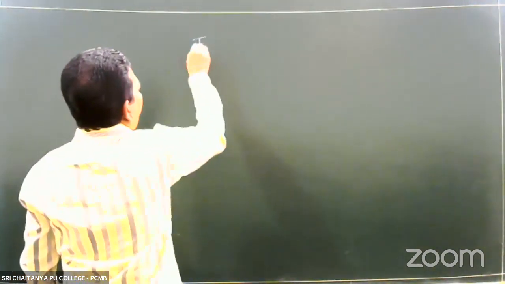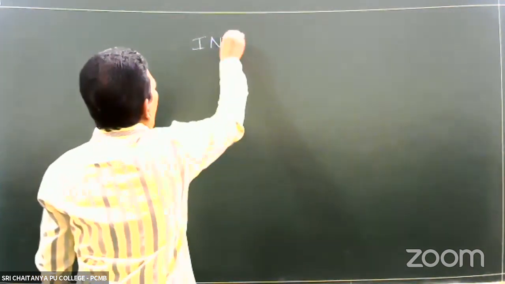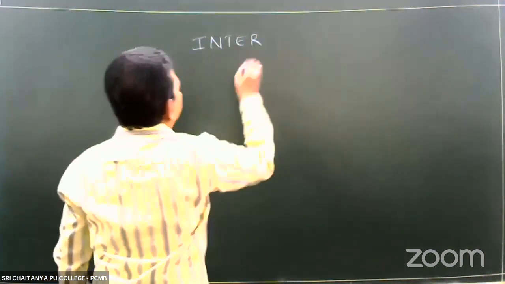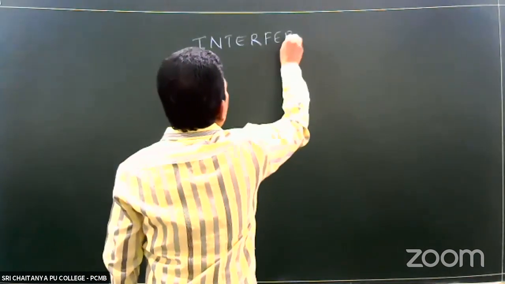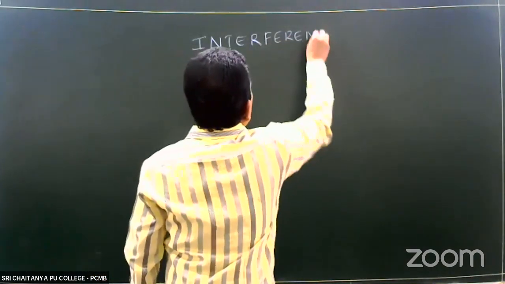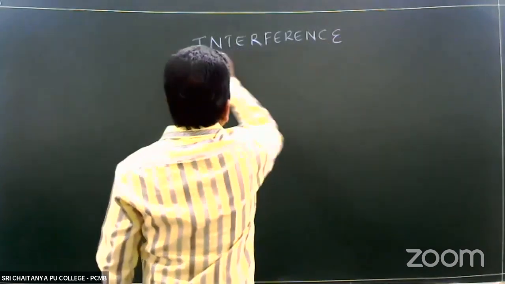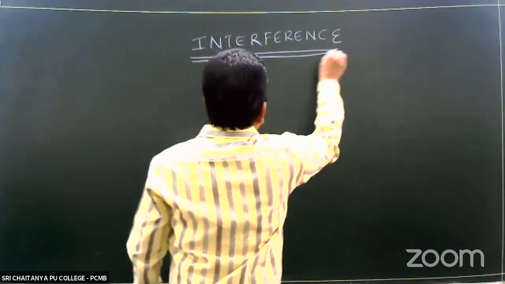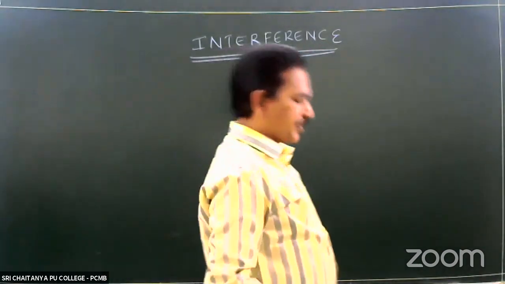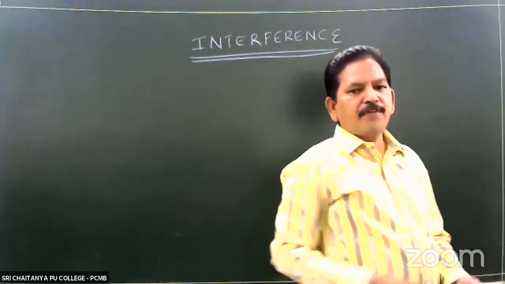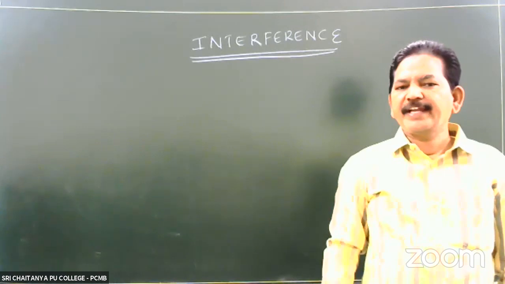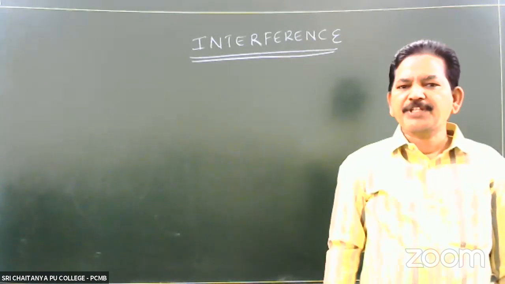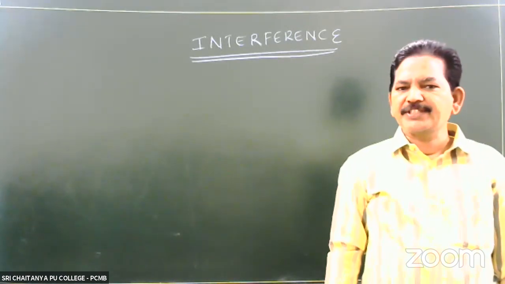We are starting the new unit of physical optics or wave optics. So what is meant by interference? Very important chapter. Already discussed, in wave optics there are 3 subtopics: interference of light, diffraction of light, polarization of light.